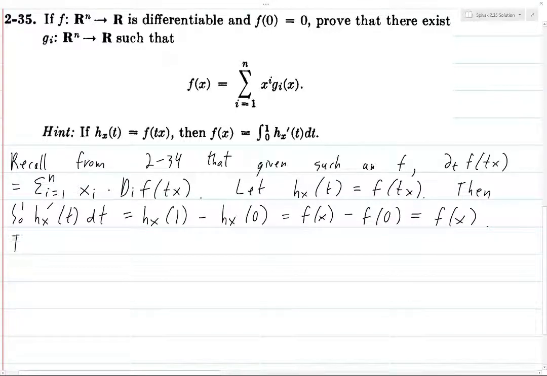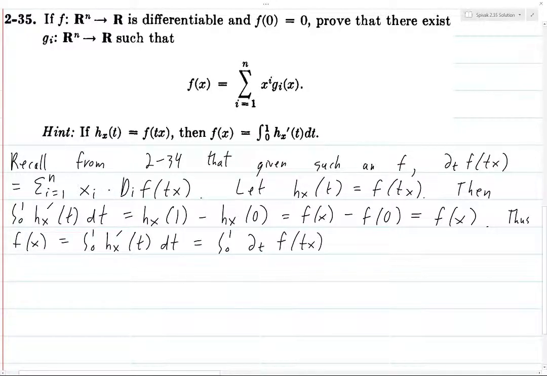Thus, if we want to compute f of x, which we do, because that's what we're trying to prove, we can write this as the integral from 0 to 1 of hx prime of t dt. Here we're taking the derivative with respect to t of the function h sub x of t, which again is f of tx, and integrating with respect to t.